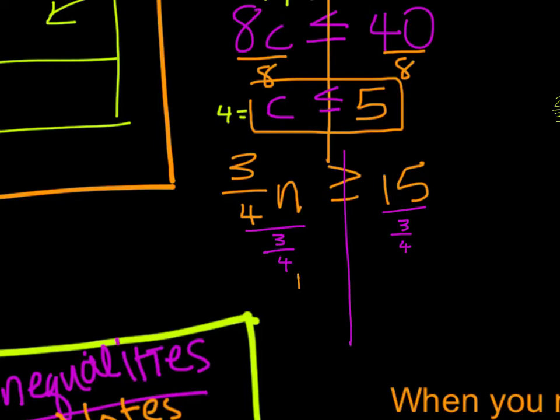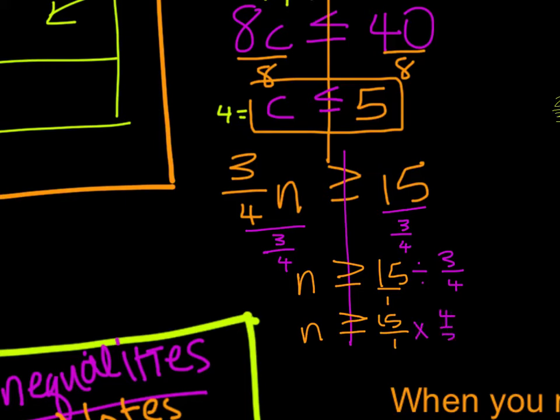So we'd end up with n is greater than or equal to 15 divided by 3/4. Let's rewrite 15 as a fraction, so that's a little bit easier to deal with, 15 over 1. So 15 over 1 divided by 3/4, we can rewrite as n is greater than or equal to 15 over 1 times 4/3.